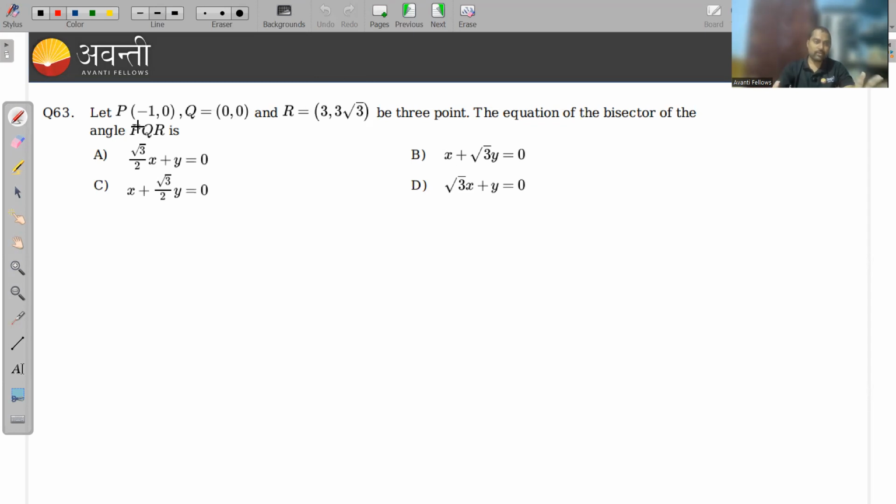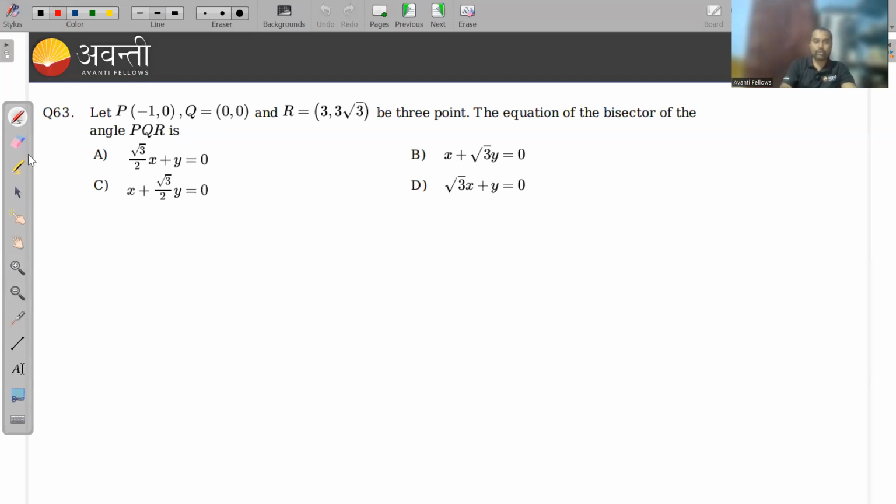In question number 63, it is given that P, Q, R are three points and their coordinates are given. The equation of the angle bisector of PQR is asked.